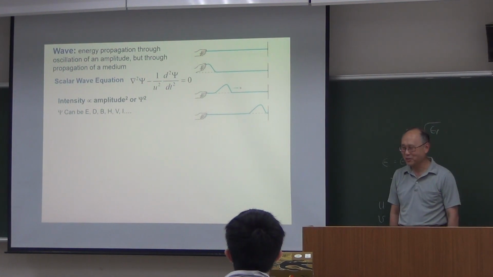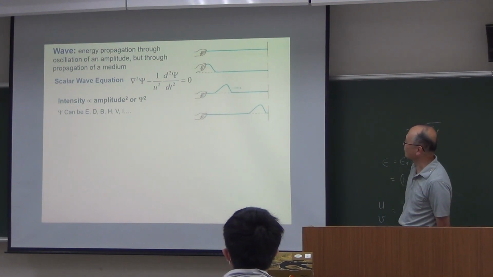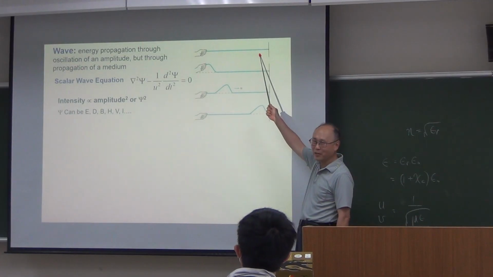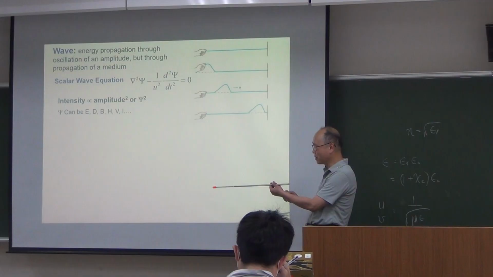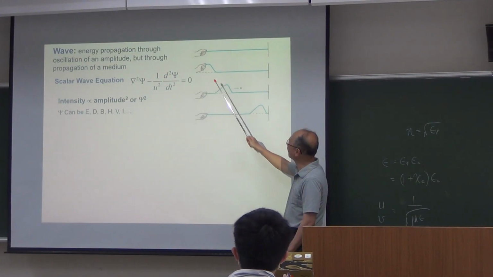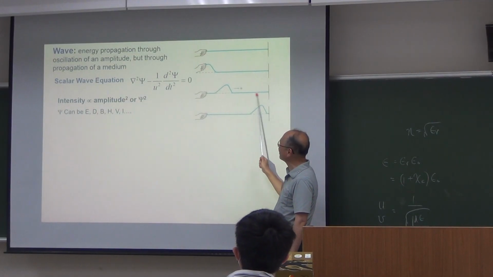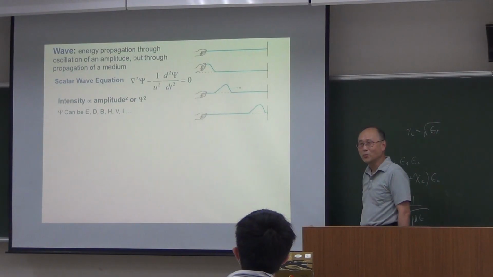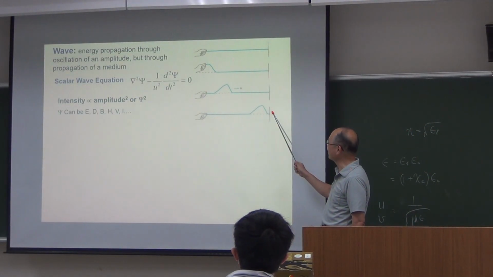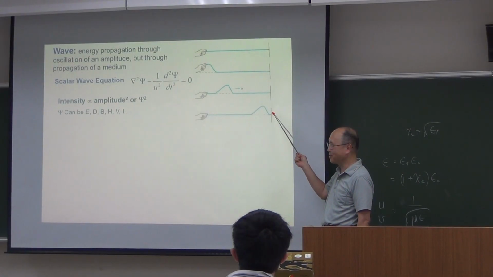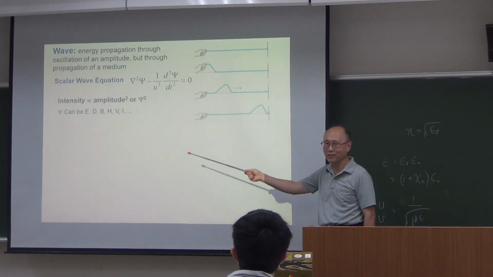This is the major thing from my point of view. If you have a rope like this, and you give a perturbation, just kick it, then you have a small bump. This small bump will propagate with some velocity. And when this bump reaches the end, it could reflect.